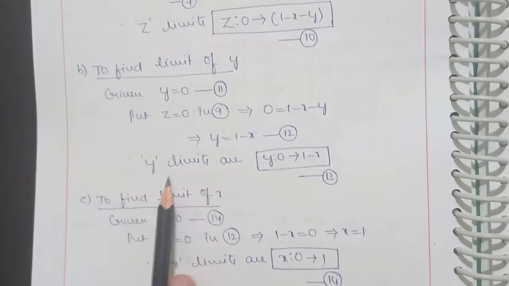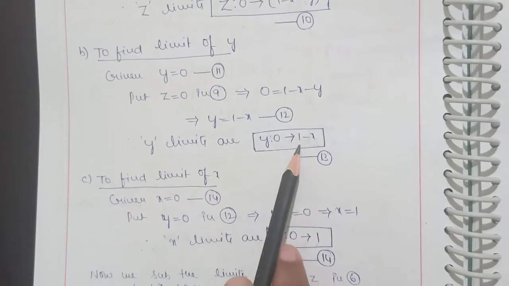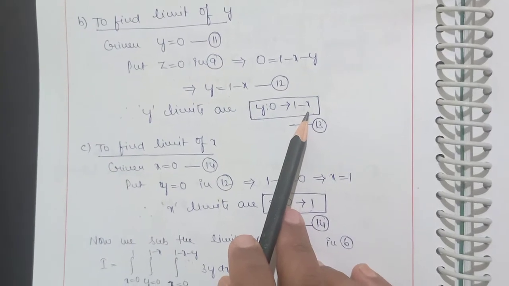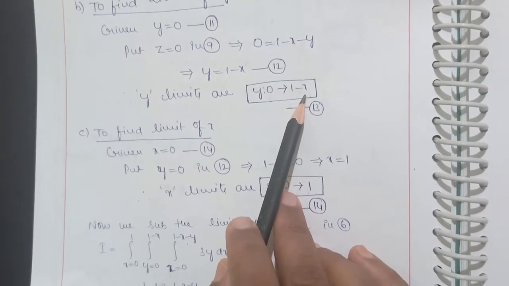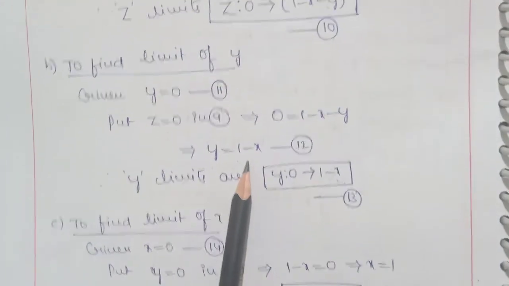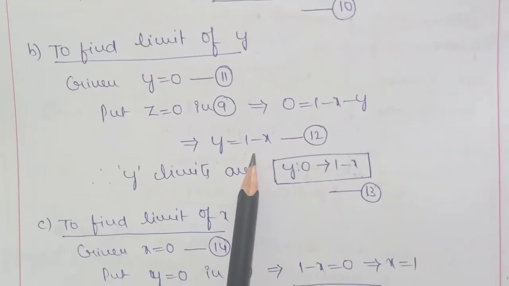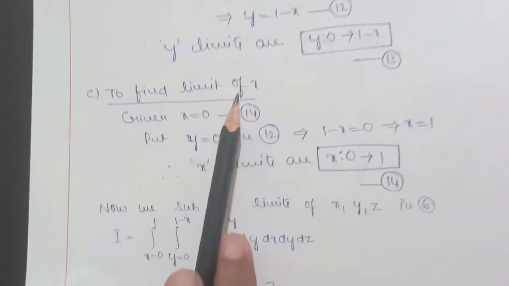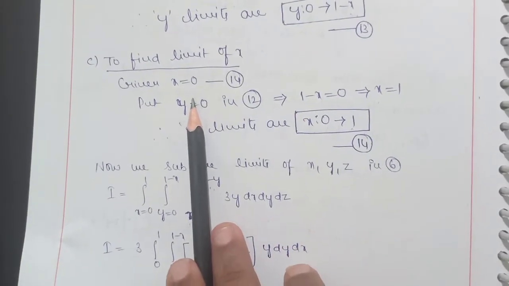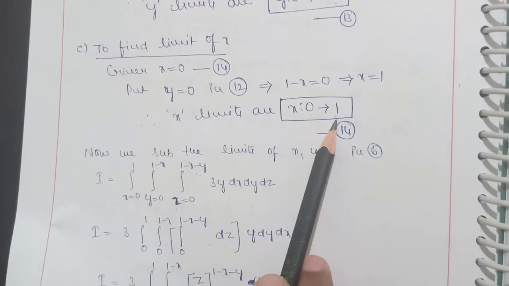So the limits of y will be taken as 0 to 1 minus x, since y is equal to 0 is already given in the question. Now to find out the limit of x, put y is equal to 0 in the y is equal to 1 minus x equation. So if you substitute, you get x is equal to 1 here. x is equal to 0 is already given. So x limits are 0 to 1.